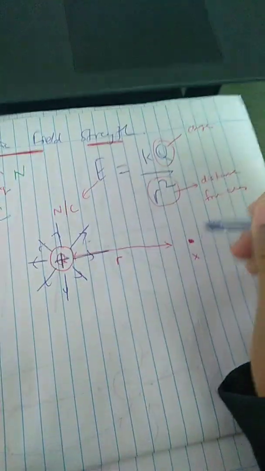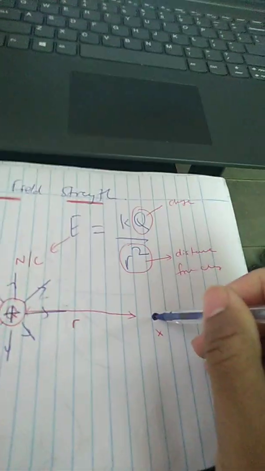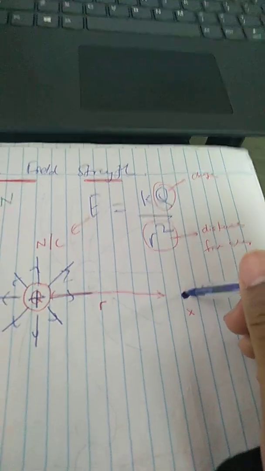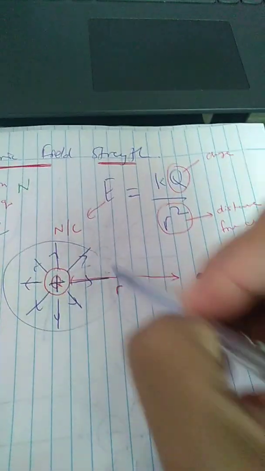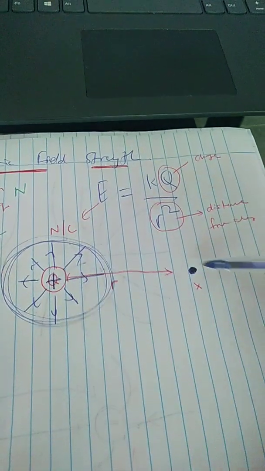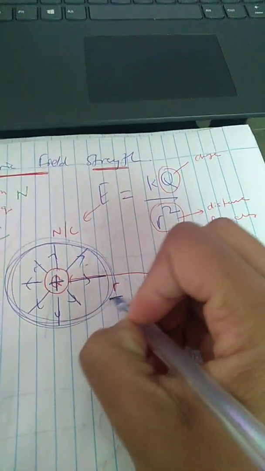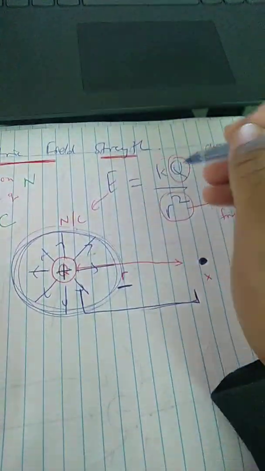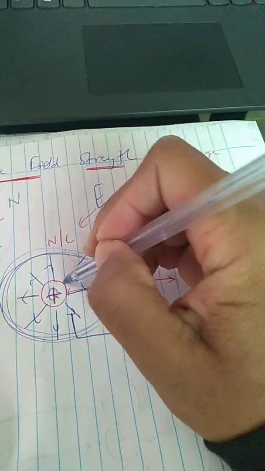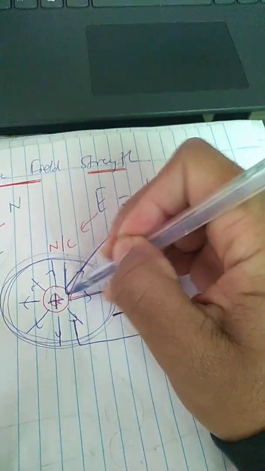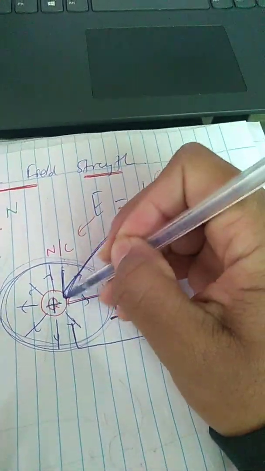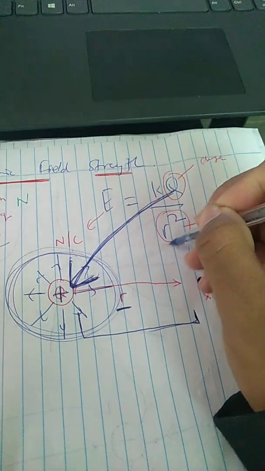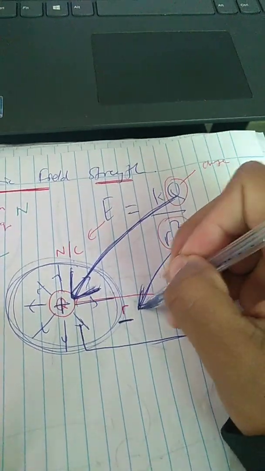At this point, this point charge will experience a field strength because of this charge. If they give us the distance, and this charge here gives off the electric field, r is the distance, r squared in meters.